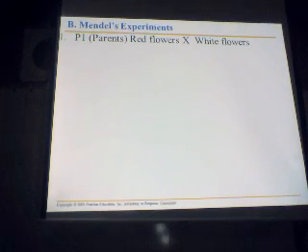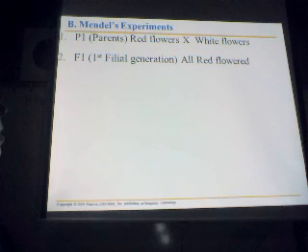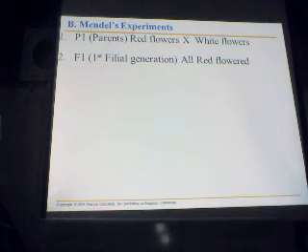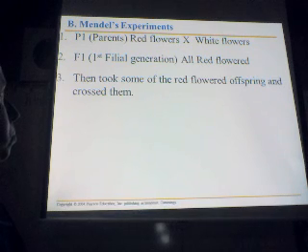In Mendel's experiment, for example, he crossed our P1 generation, which is the parents, red flowers by white flowers. The first generation of offspring we call the first filial generation, or F1 generation. And in this case, they had all red flowered offspring.